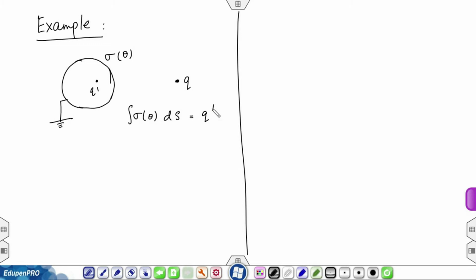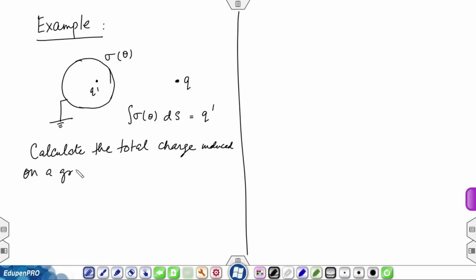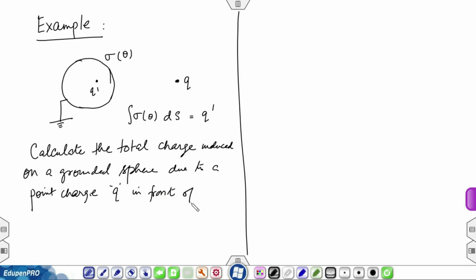So, the question I am asking is, calculate the total charge induced on a grounded sphere due to a point charge q in front of it, by applying the reciprocity theorem.